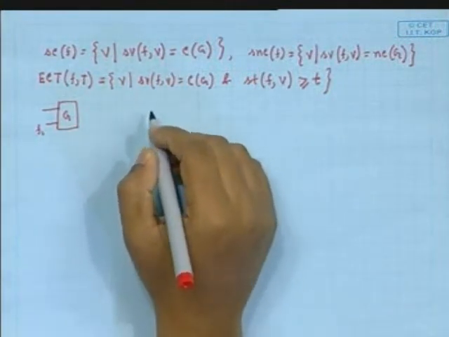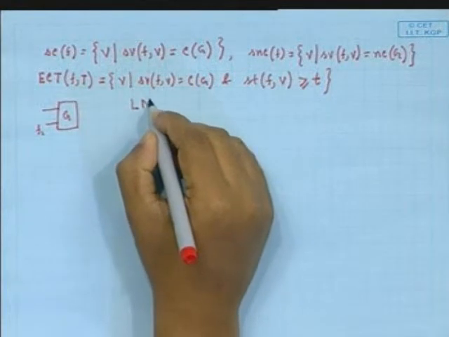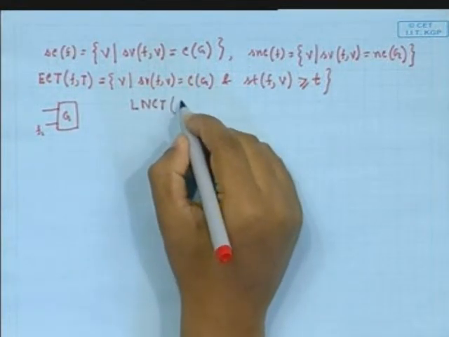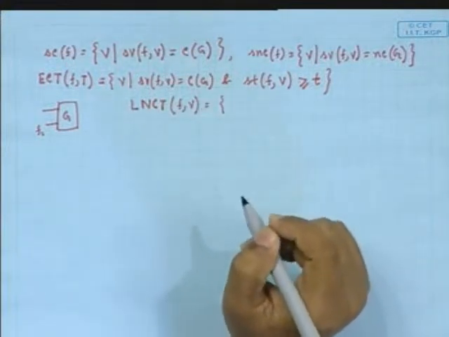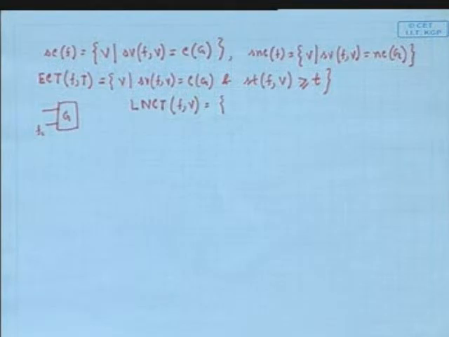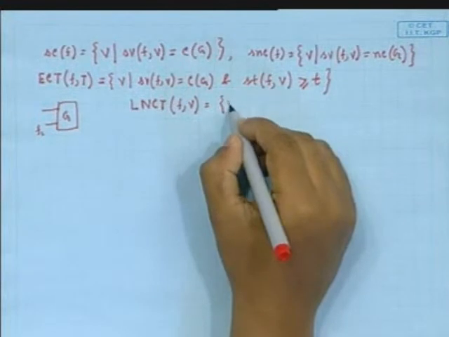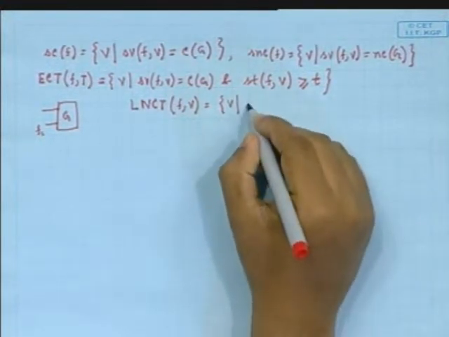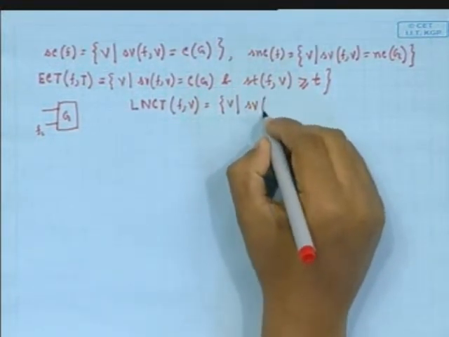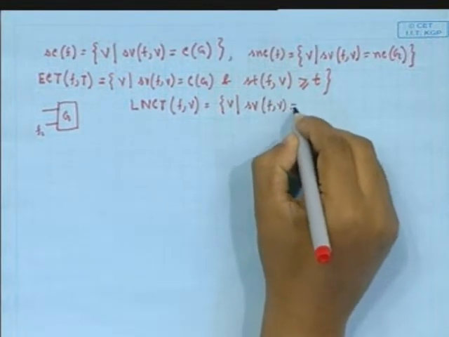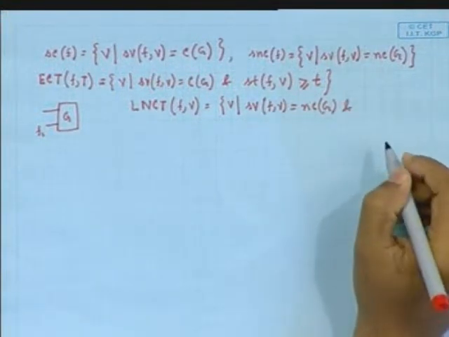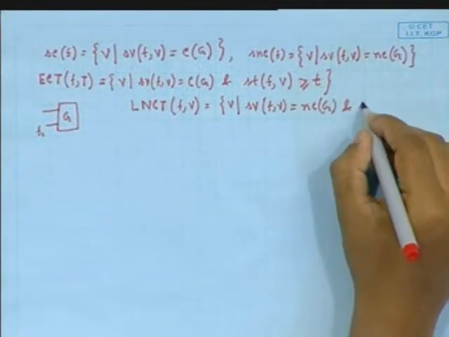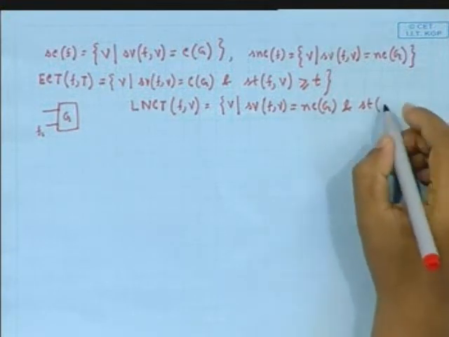Now I'm defining the fourth term. This tells the set of input vectors for which node F will be stabilized latest by time t. So the set of input vectors for which the stable value of node F is the non-controlling value and it stabilizes before time t.